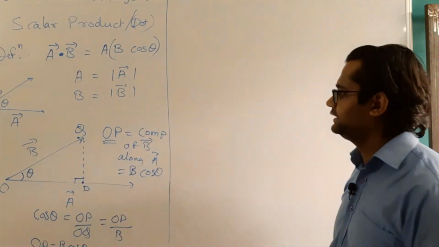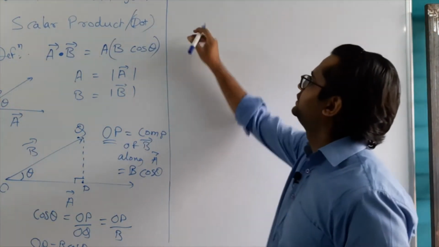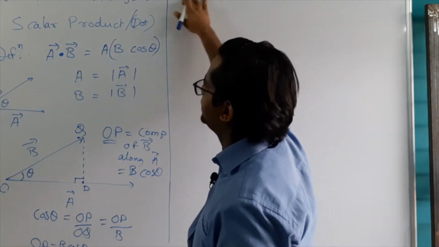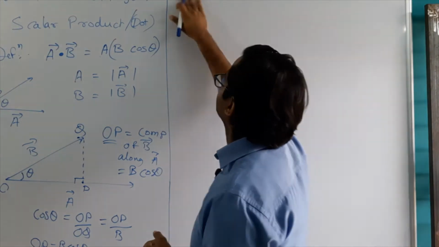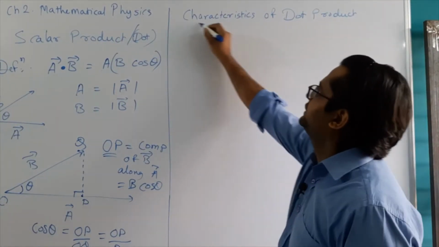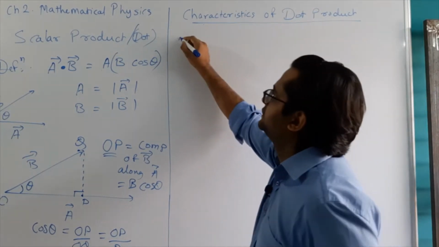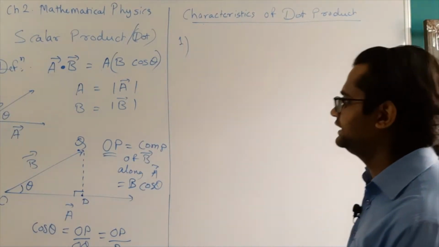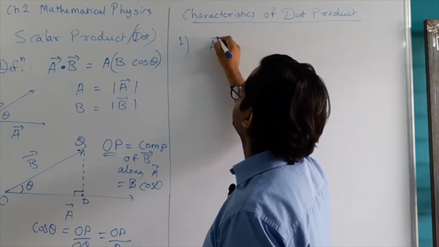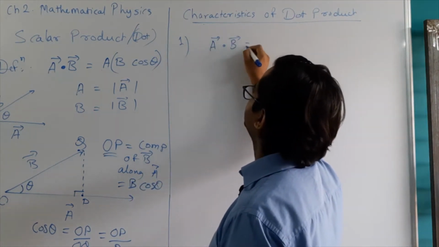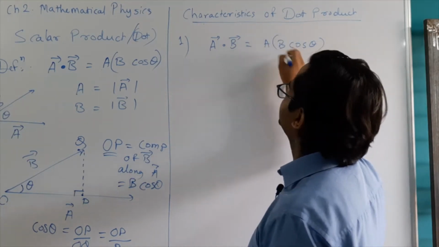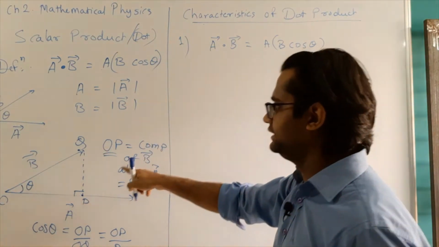Let us now define the characteristics of the dot product. What are characteristics? These are special things, the properties that this dot product obeys. Now the first characteristic is the same thing: if A bar dot B bar is defined as A B cos theta, and what is this B cos theta?